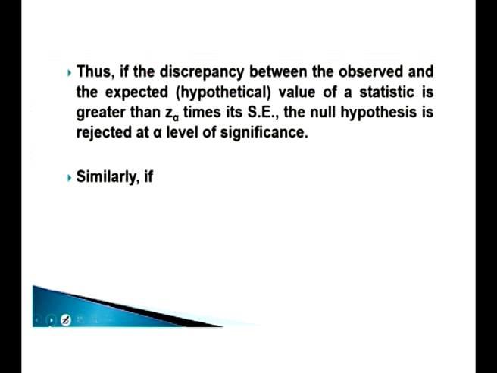Thus, if the discrepancy between the observed and hypothetical expected value of the statistic is greater than Z alpha times its SE, then the null hypothesis is rejected at alpha level of significance.